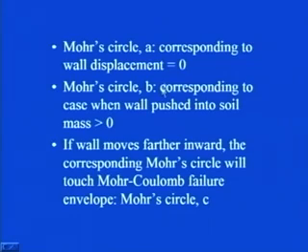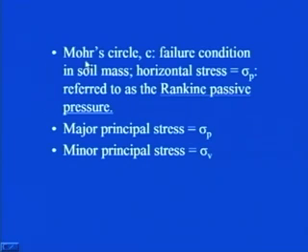Mohr circle A corresponds to wall displacement equal to 0, that is, the at rest condition. Mohr circle B corresponds to the case when the wall starts pushing the soil mass, that is, when the displacement of the wall is greater than 0. If the wall moves farther inward, the corresponding Mohr circle will touch the Mohr-Coulomb failure envelope, and this corresponds to Mohr circle C. Mohr circle C is the important one, and it is the failure condition in the soil mass.